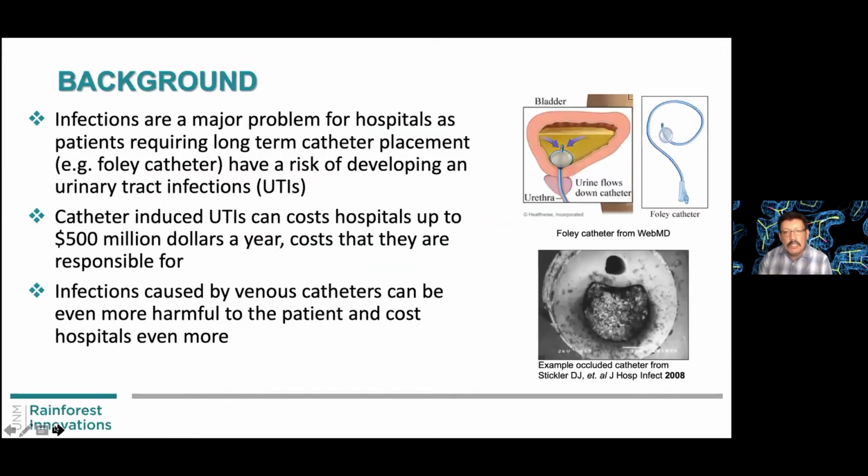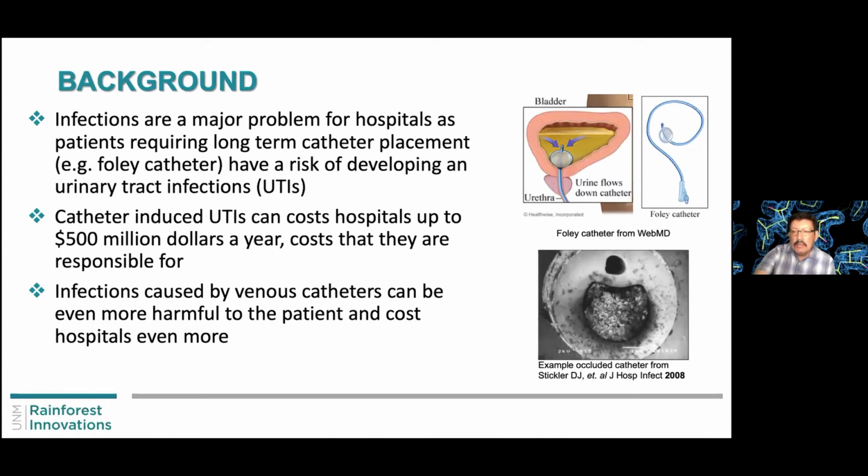As I mentioned, I'll be focusing on this problem of urinary tract infections on catheters, so-called Foley catheters. This is a major problem in hospitals and other care facilities where you have to have long-term catheter insertion in a patient. The picture here shows what a Foley catheter typically looks like.